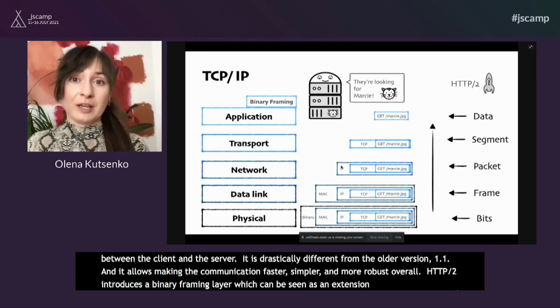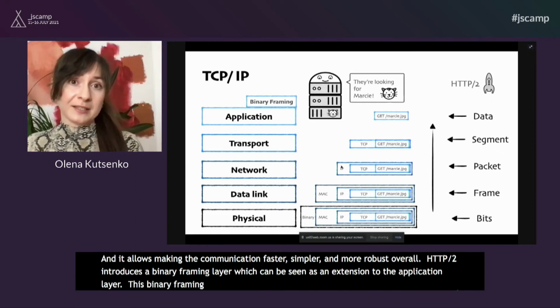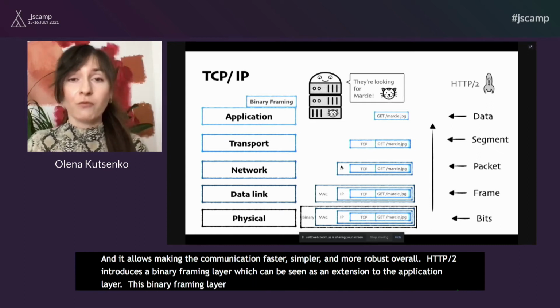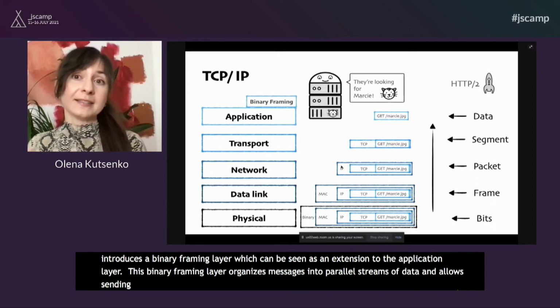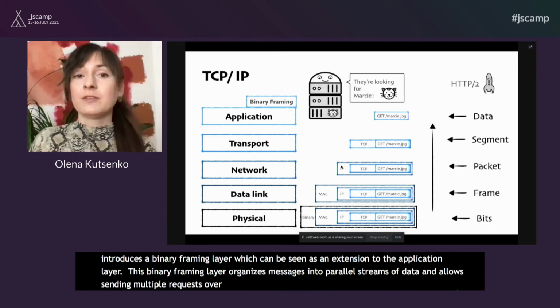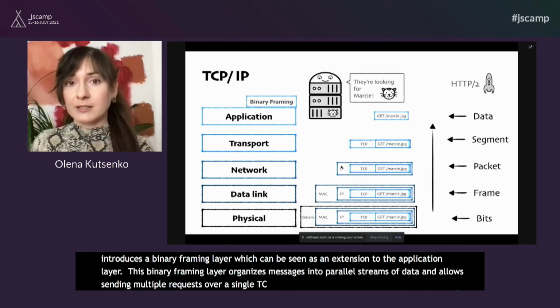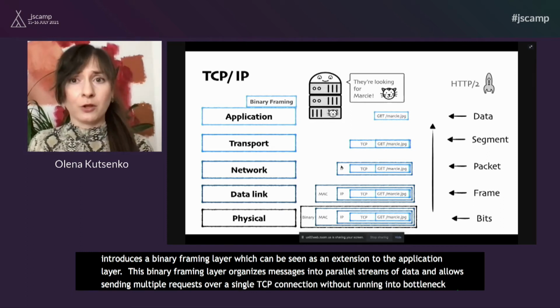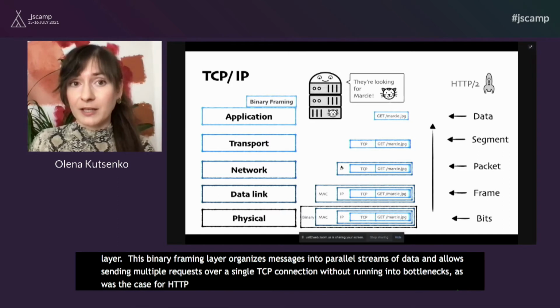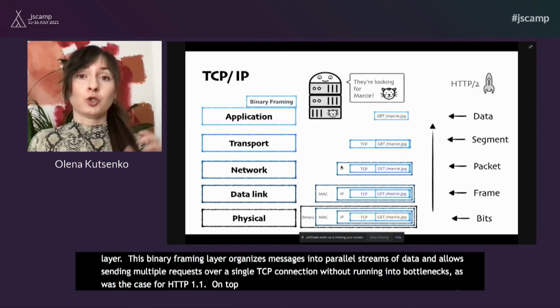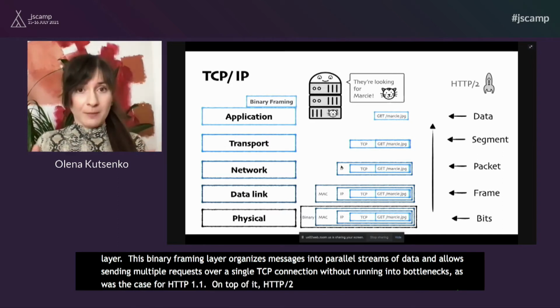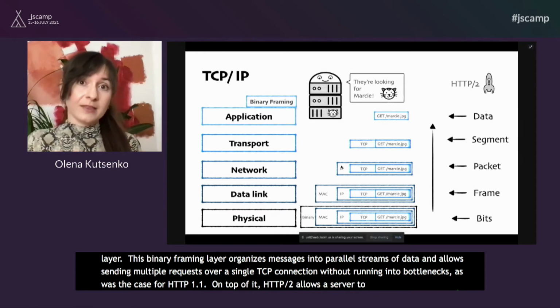HTTP2 introduces a binary framing layer, which can be seen as an extension to the application layer. This binary framing layer organizes messages into parallel streams of data and allows sending multiple requests over a single TCP connection without running into bottlenecks, as was the case for HTTP 1.1. On top of it, HTTP2 allows the server to push the content, meaning, for example, a client requests an index page.